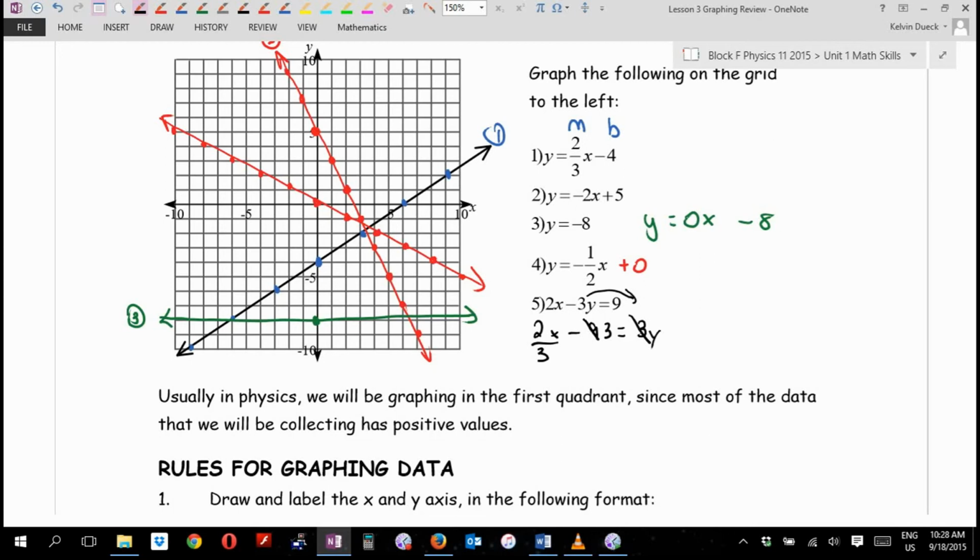It's less writing. Anyways, now what's my y-intercept, Ryan, my friend? -3. Yes. Slope? 2/3. Up 2, over 3. Up 2, over 3.